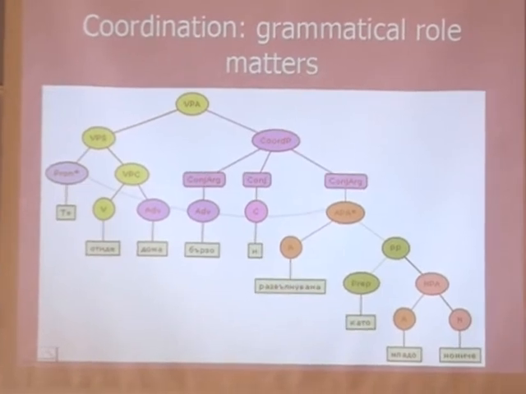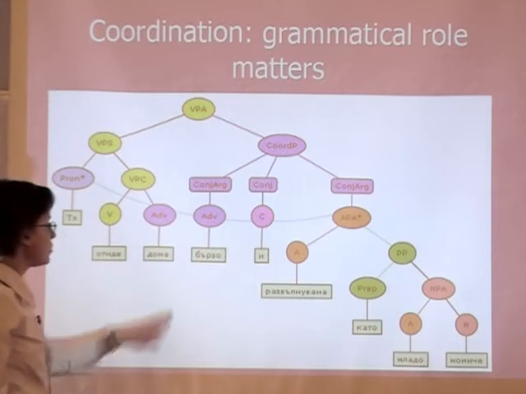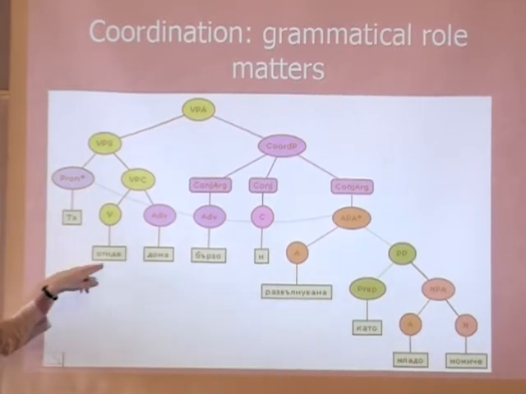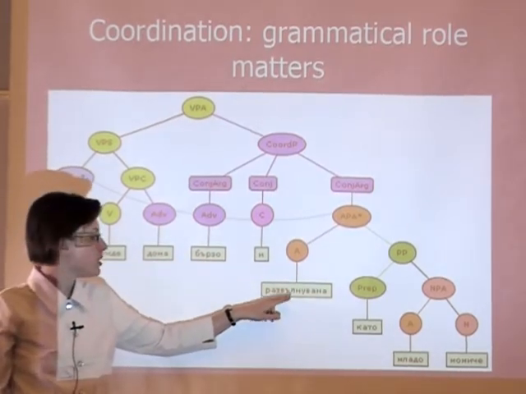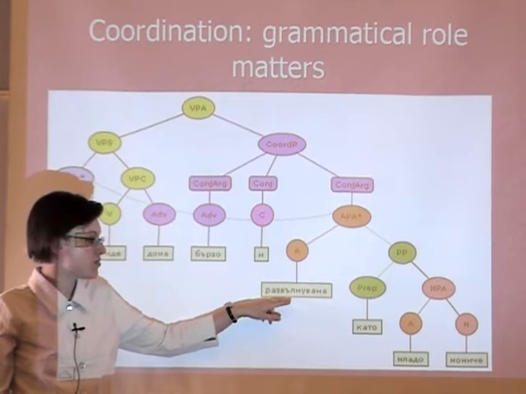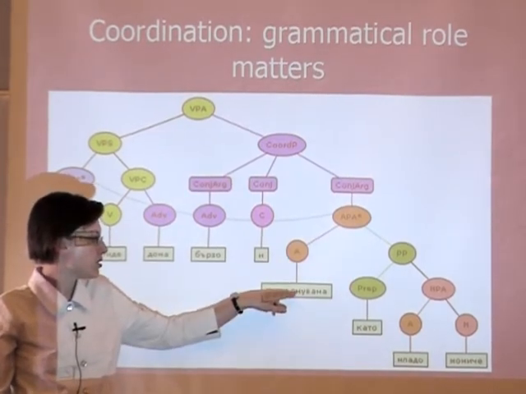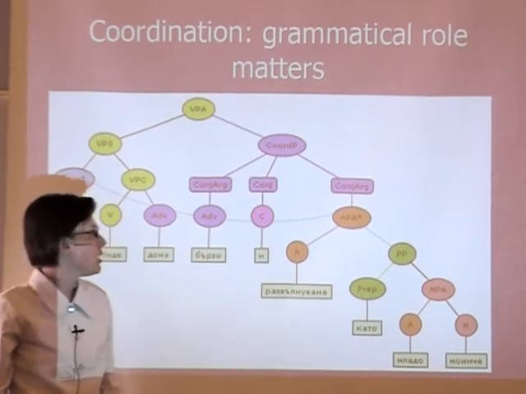Here grammatical role matters, and it is very important to underspecify the coordination relation, because here we have the coordination of an adverb, quickly. It is: she went home quickly and excited. But in Bulgarian, excited has feminine gender, so it's an adjectival group.